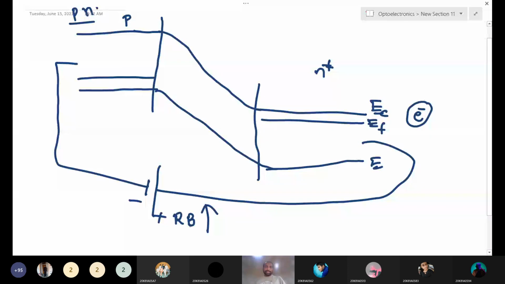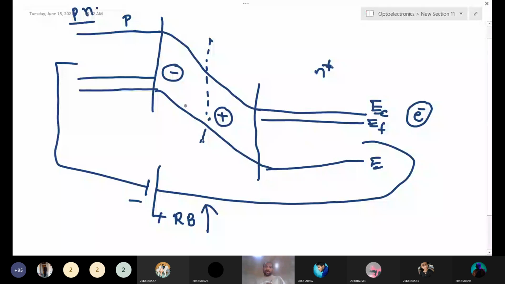For your convenience, I am drawing minus charges and positive charges in the depletion region at the interface. This is what we discussed earlier: on the p side we get negative acceptor ions and on the n side positive donor ions, when you form the pn junction.